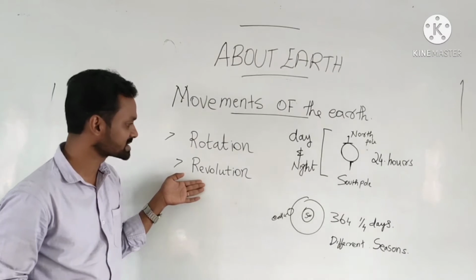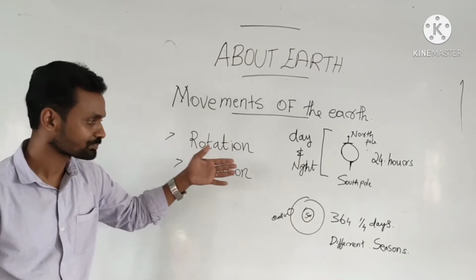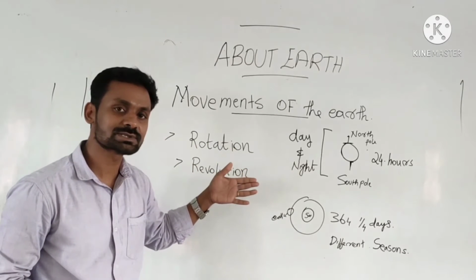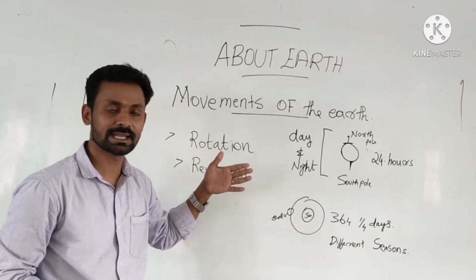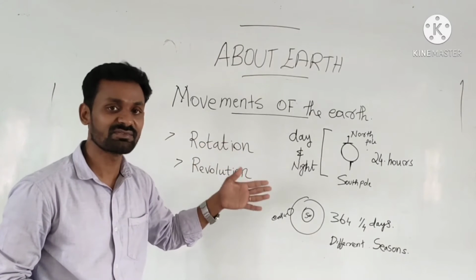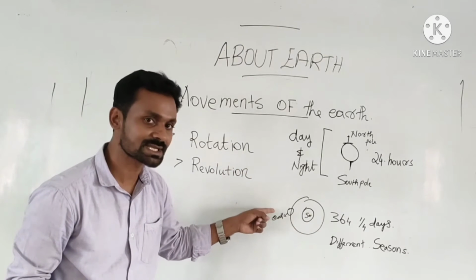Next point is revolution. What does revolution mean? The Earth takes almost 365 1/4 days to go around the sun.